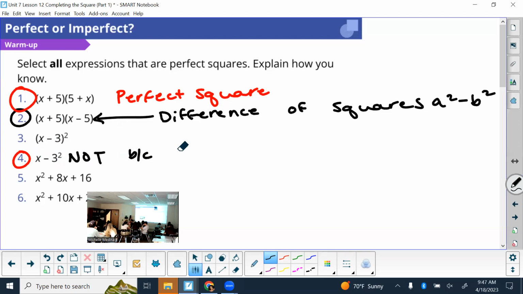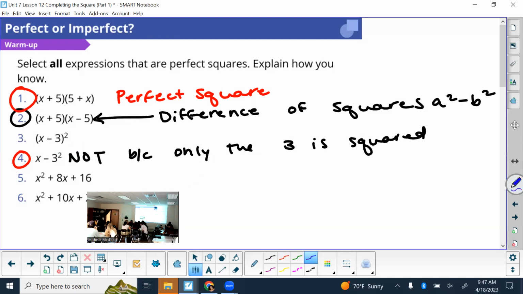I would say because only the 3 is squared, the x is not. So it's not what we call a perfect square. We're talking about quadratics. Table 7, do you want to pick a different one, now that we know it's not that one?